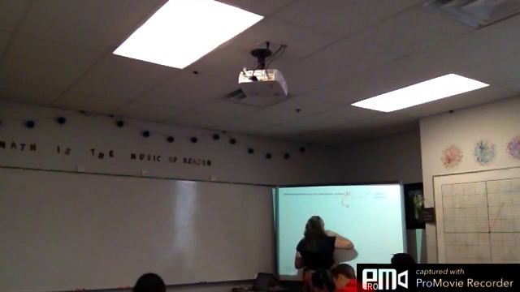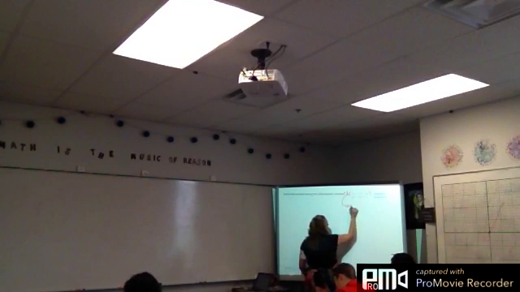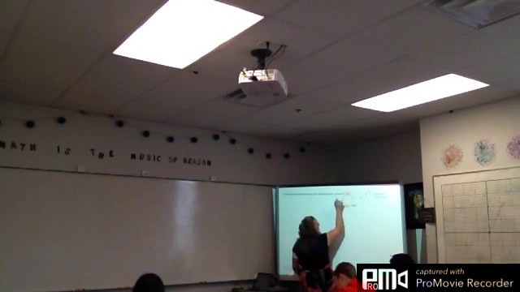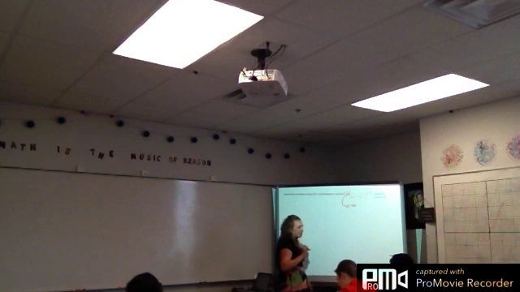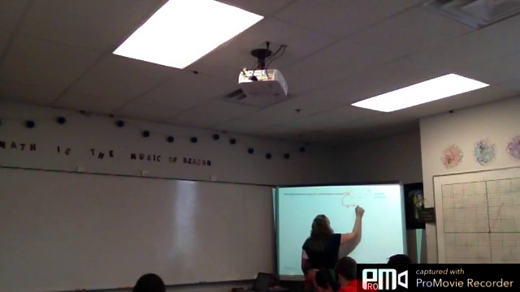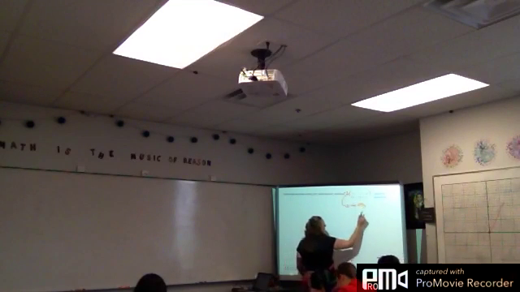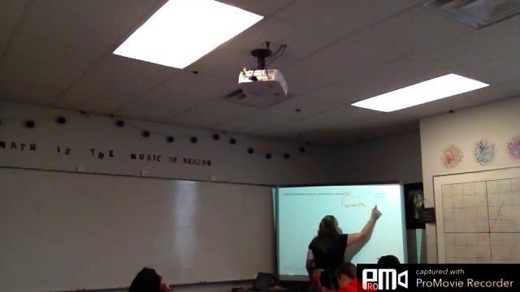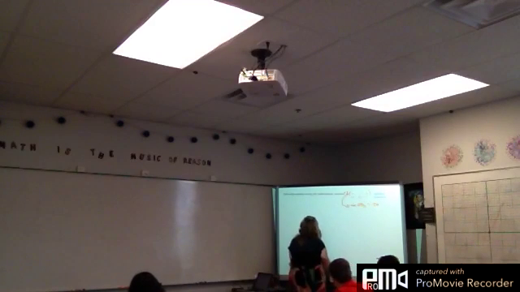So I want to multiply everything by negative 2. So what is negative 2 times 3x? Negative 6x. And what is negative 2 times negative 7y? Positive 14y. And what is negative 2 times 10? Negative 20. That is my new equation that I'm going to work with.